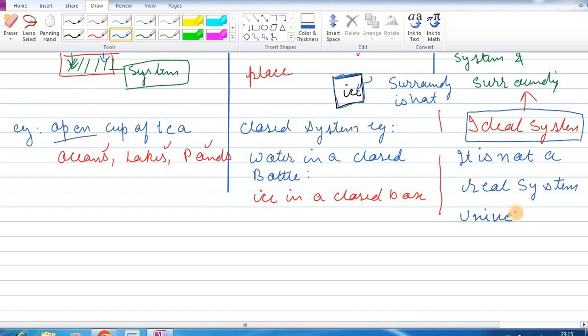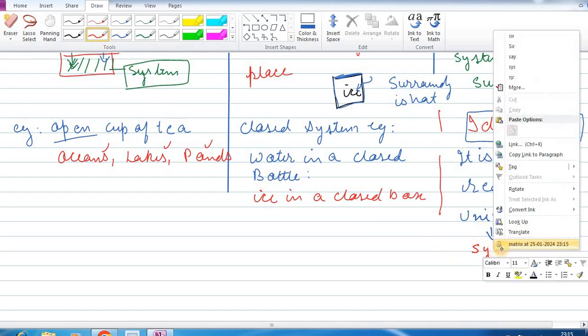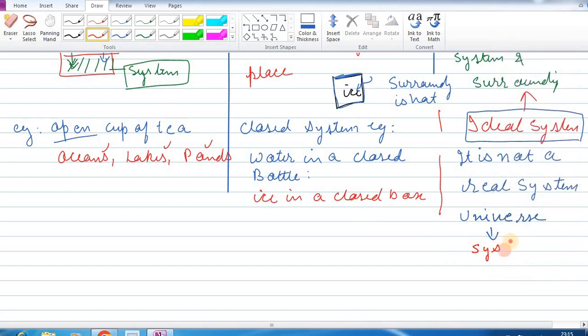There will not be any surrounding. Since there will not be any surrounding, the universe will not be able to exchange energy between system and surrounding. If we are focusing on the universe, then the universe becomes our system, and there will not be any distinction between system and surrounding. So there will not be any exchange of energy and mass between system and surrounding. So the universe is a kind of isolated system, remember.